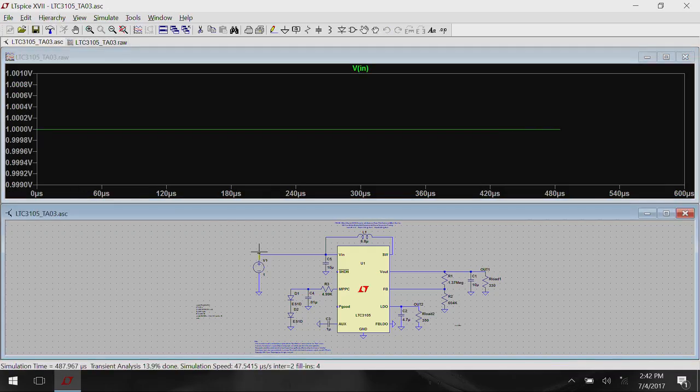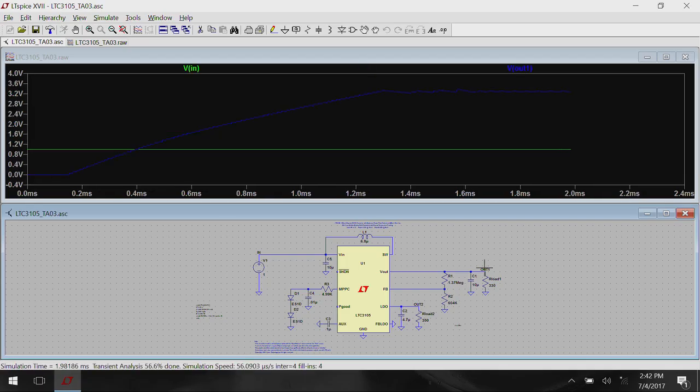I should click it at the right point, otherwise it would give you wrong output. So this is the input, right? You should actually click it here, and I was clicking it somewhere else and it was showing you all the current and noise that was going to ground. So that is not the right point. You can see that the 1 volt is the input and output has gone to 3.3, and LDO output indeed goes to 2.2 volts.